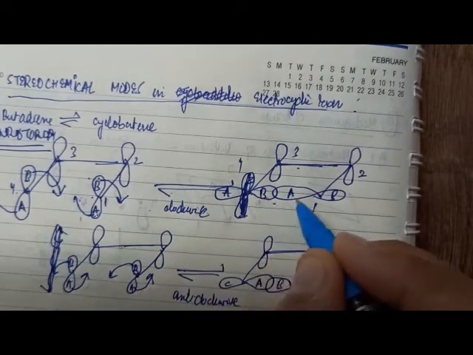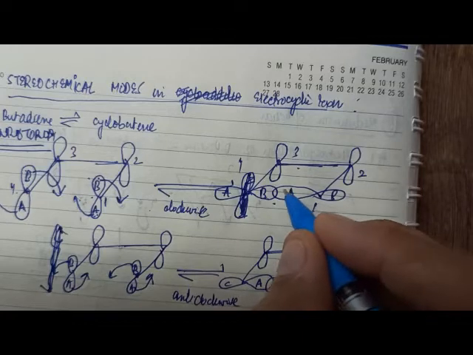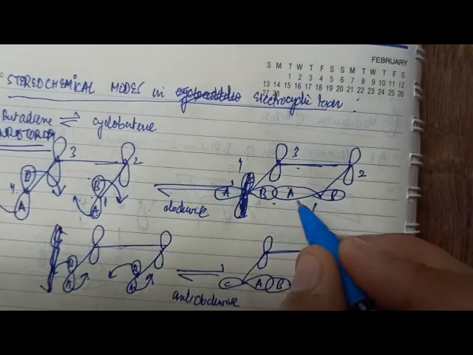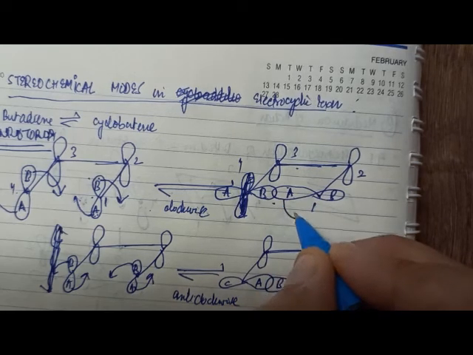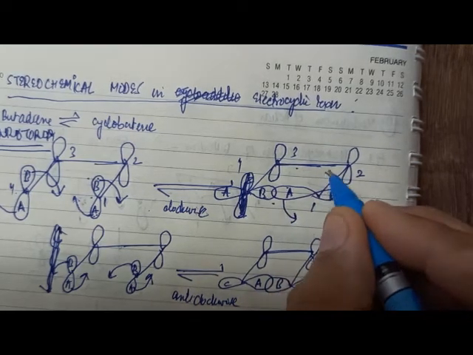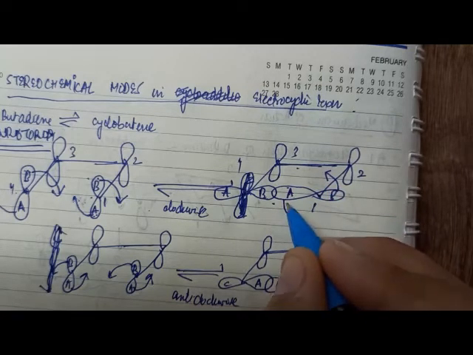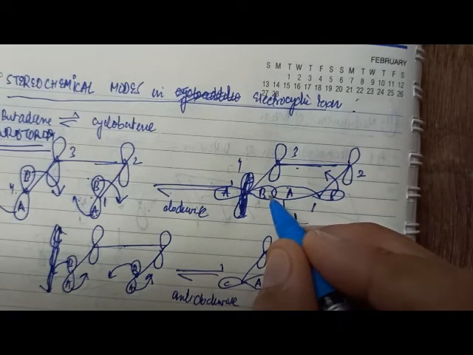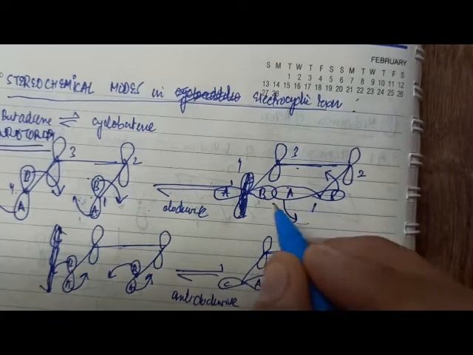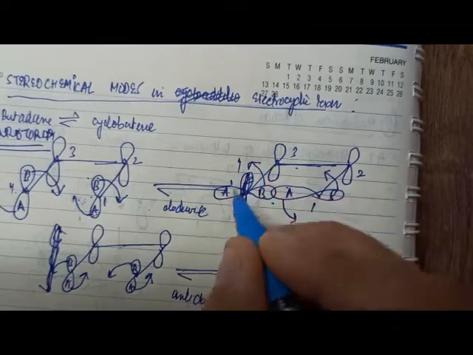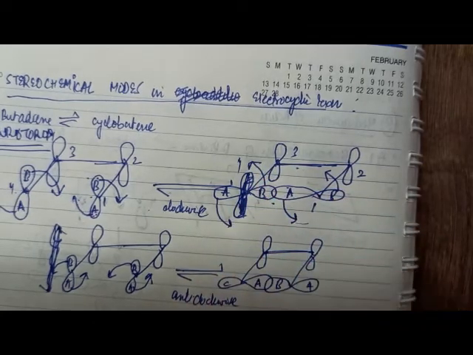Either both the terminal lobes are moving in the same direction. That means if this, let's say, is moving in this direction, we end up in the same product. If this is moving in this direction, B will go like this. Then since it is a conrotatory ring closure, if this is moving anti-clockwise, this will also move anti-clockwise. That means if this moves anti-clockwise, this will move like this. So both are anti-clockwise in nature.